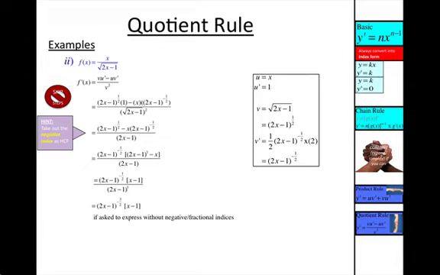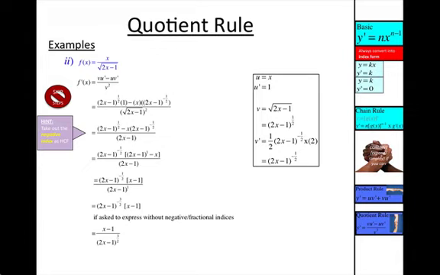The way to do that is, remember, you take the term with the negative index. In order to get rid of the negative index, you take that whole term down to the bottom and get rid of the negative. So the x minus 1 stays on the top, but the 2x minus 1 to the 3 on 2 goes down, and we get rid of that negative from the negative 3 on 2. Now that's the negative index gone.